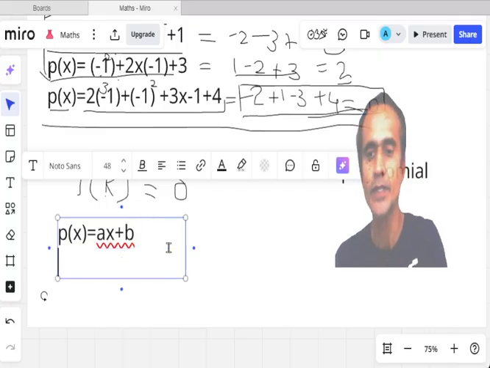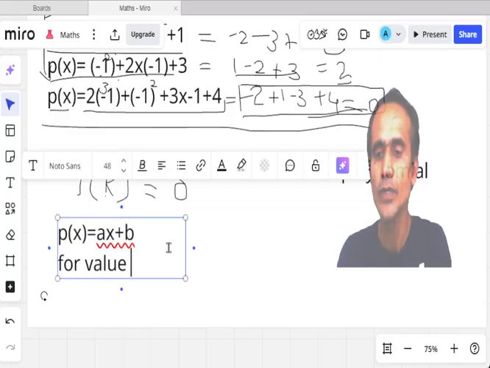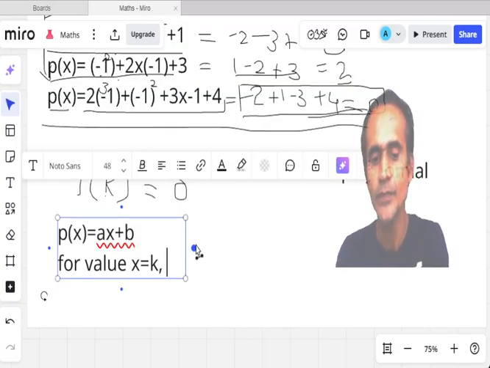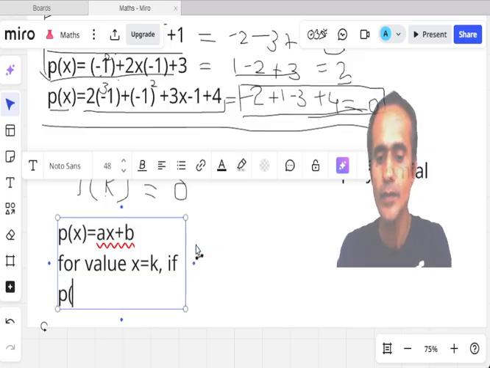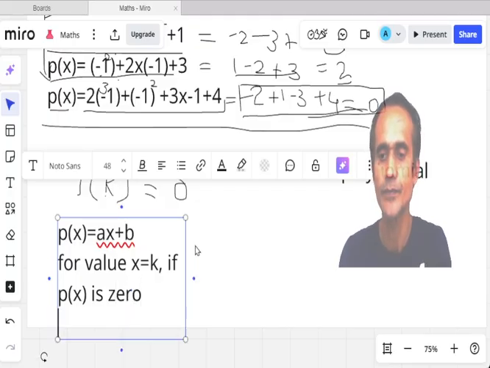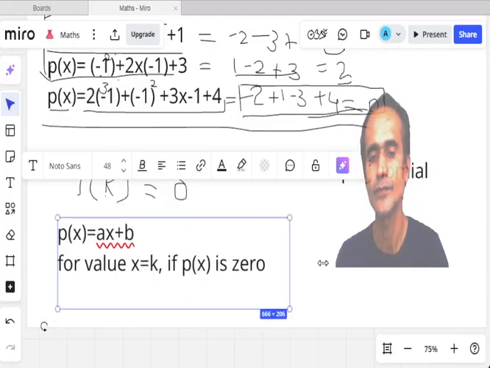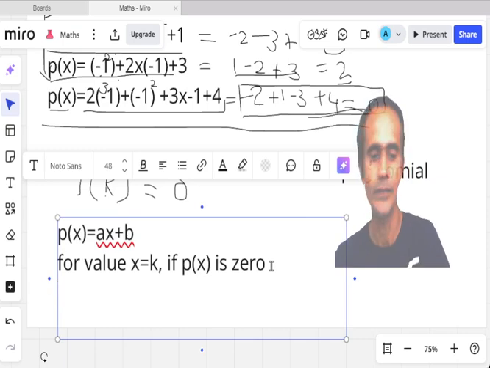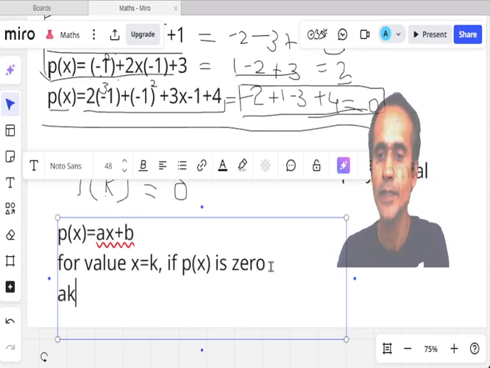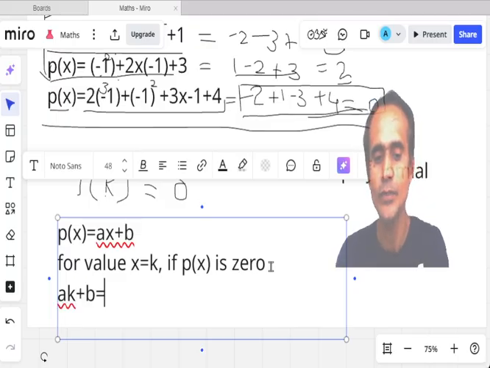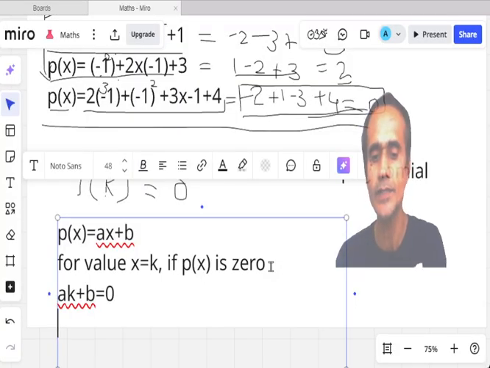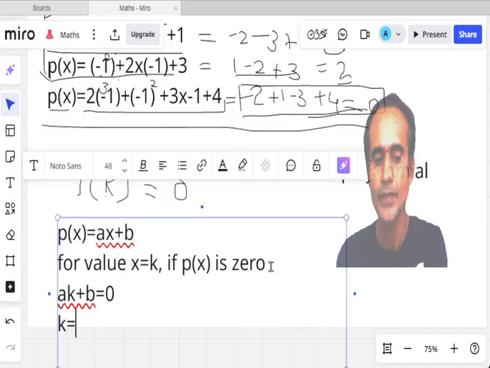Suppose for x equal to k, p(k) is 0, then what will we get? ak plus b equal to 0, that means k is equal to minus b by a.